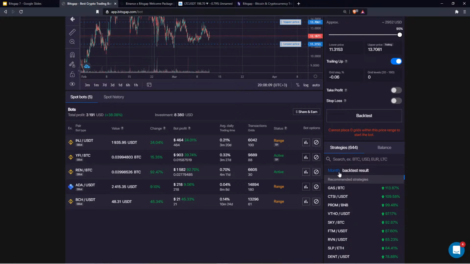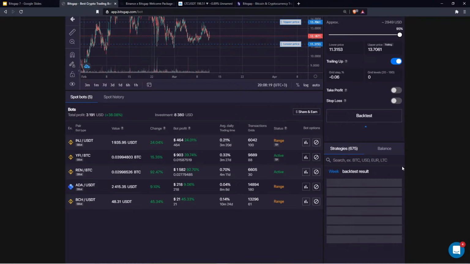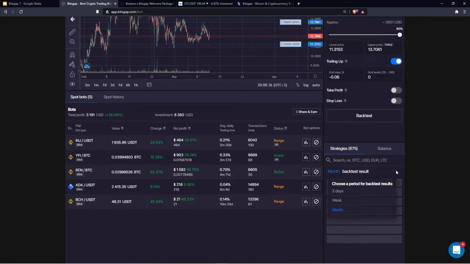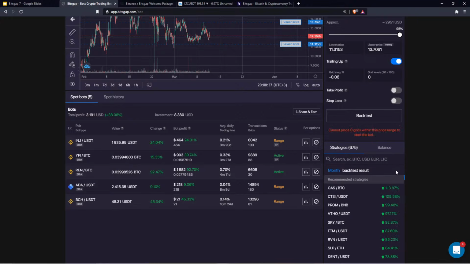So for me it always makes sense to stick with the monthly backtest results rather than with the 3-day and weekly results, because I studied statistics, and the rule in statistics is that the more data you have, the more valid is the research outcome. So it makes more sense to base your future expectations on monthly backtest results.